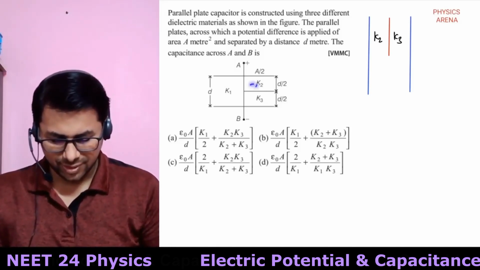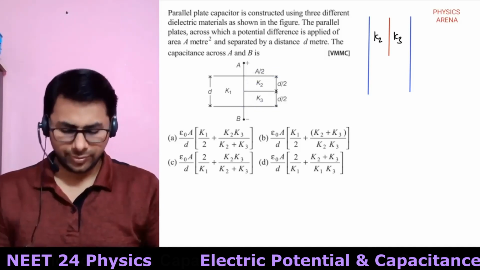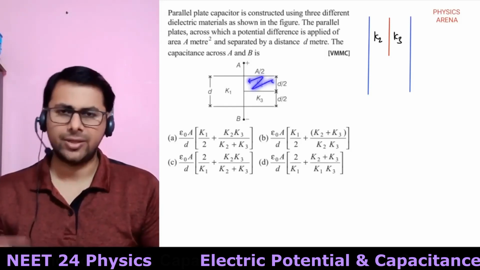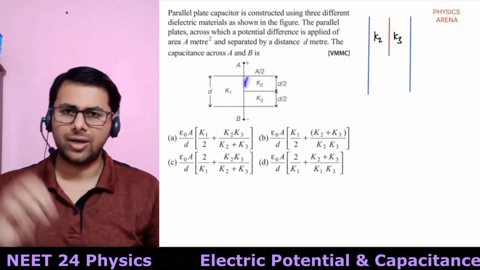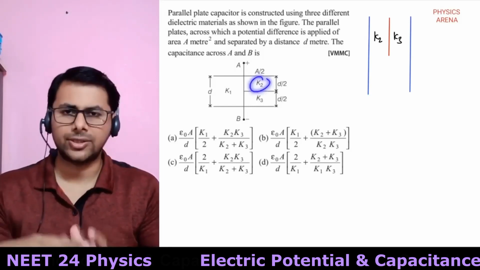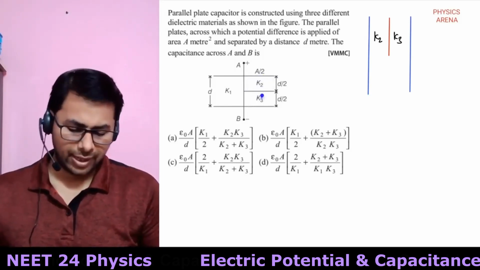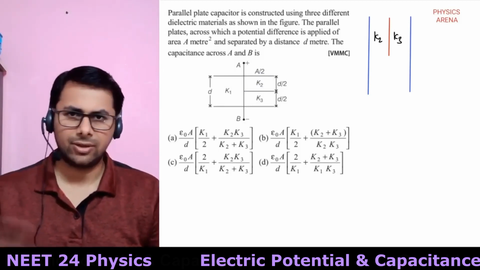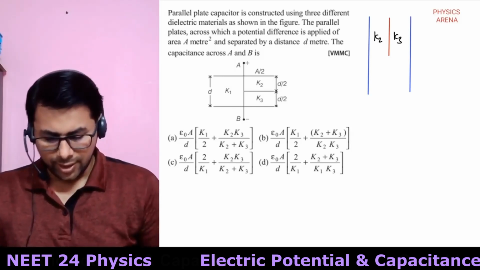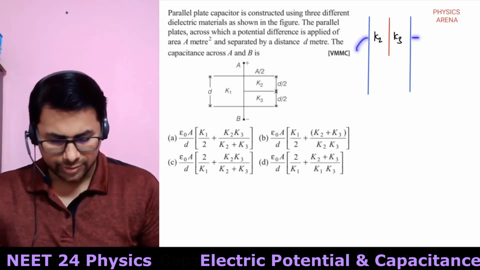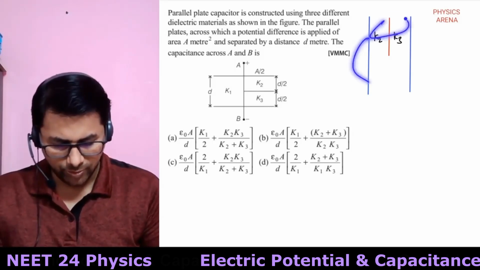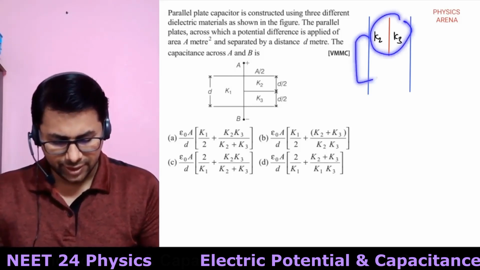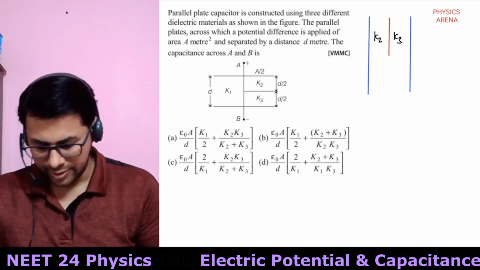So if you have a dielectric inserted between two plates, in half of it, or whatever thickness, you have a dielectric of constant K2, and in the other half you have a different dielectric constant, then those two are in series, they are not in parallel. So this one and this one. Now if you find the total capacitance of this, you will get some capacitance, which is in parallel with this thing.